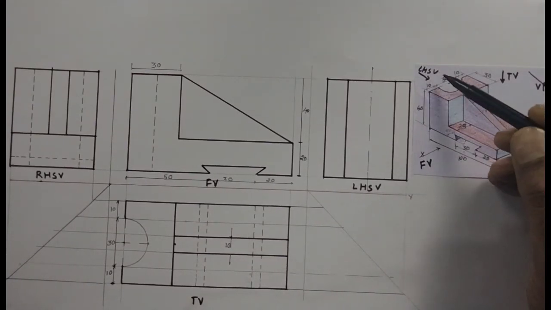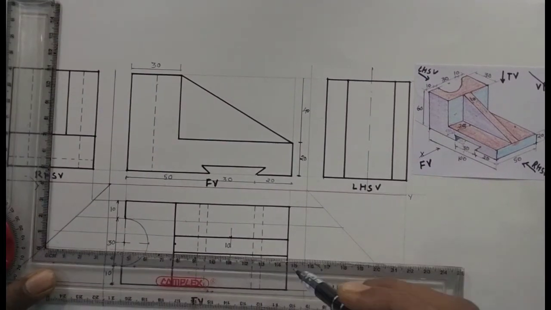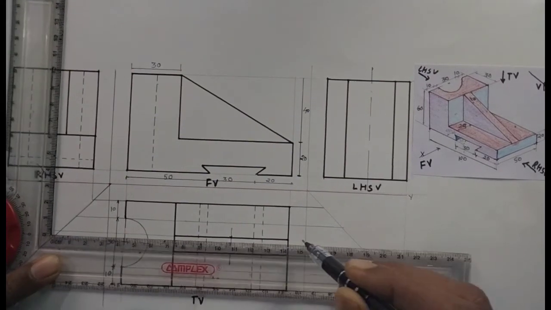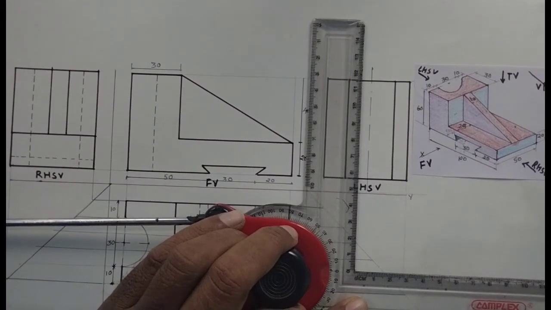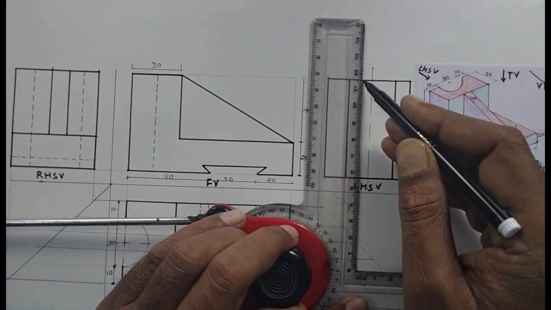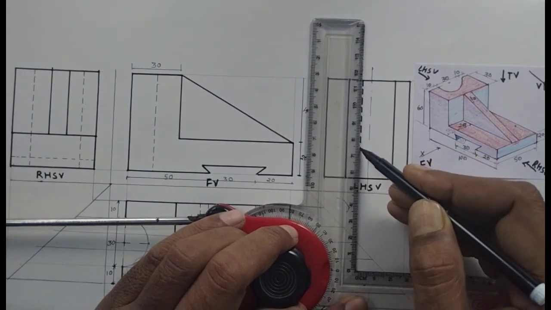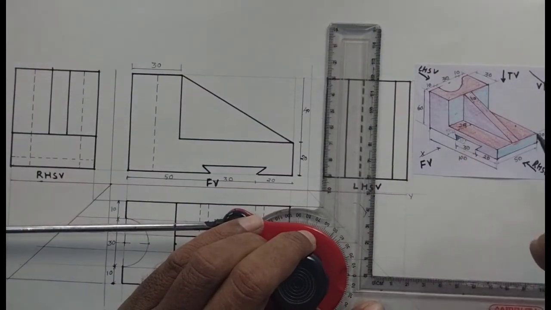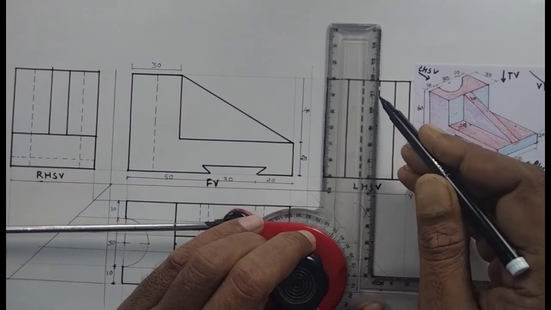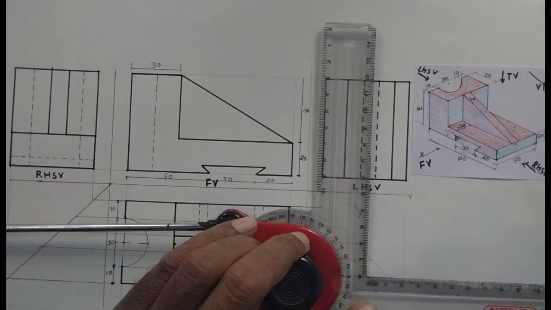But if you observe the job from the left side, the rib is not visible. So we shift the projection of the rib from the plan and draw a dotted line for the rib, because the rib from the left side is not visible, so it is represented with a dotted line.